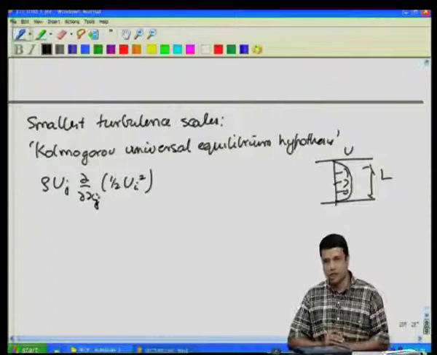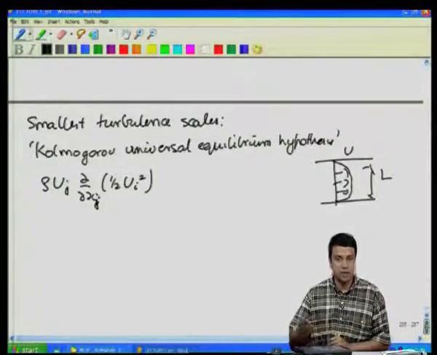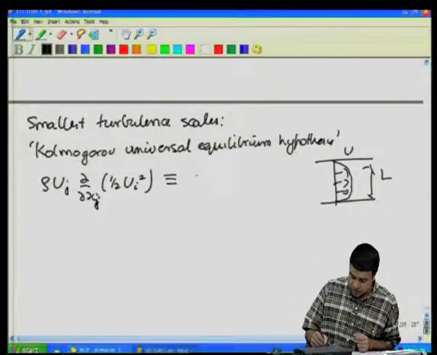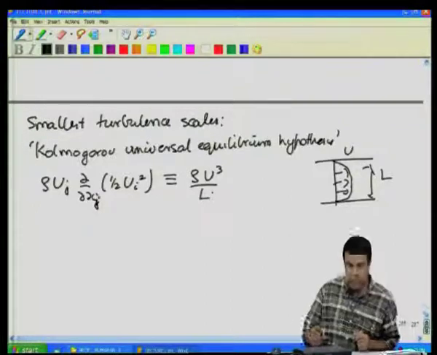This is the rate at which energy is coming in from the mean flow. One can see this is approximately equal to rho times u cubed by L.